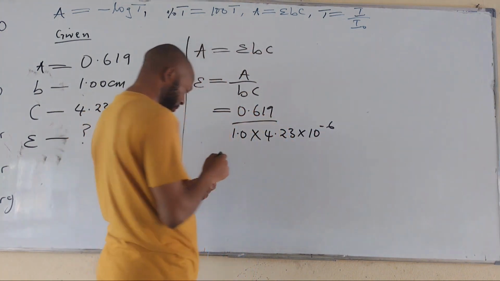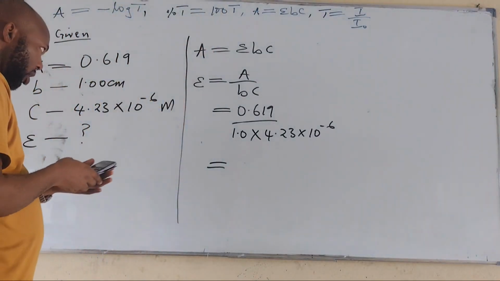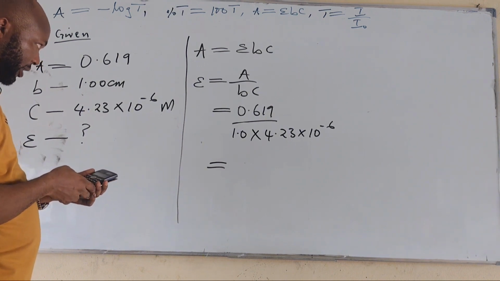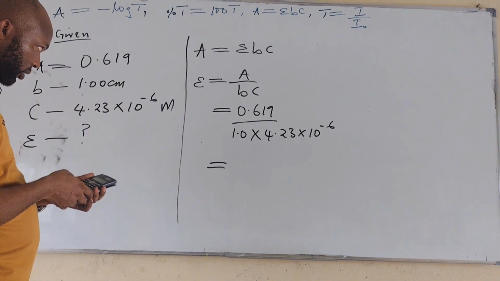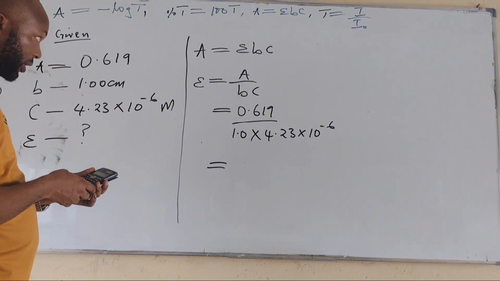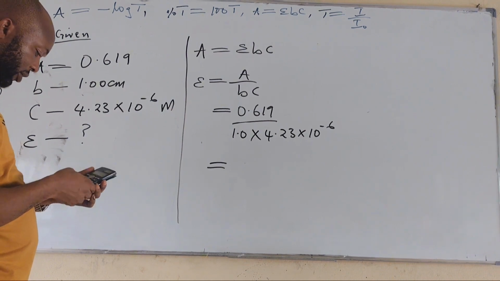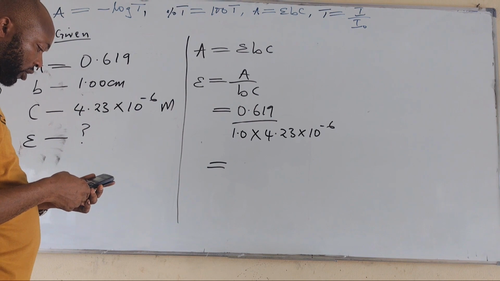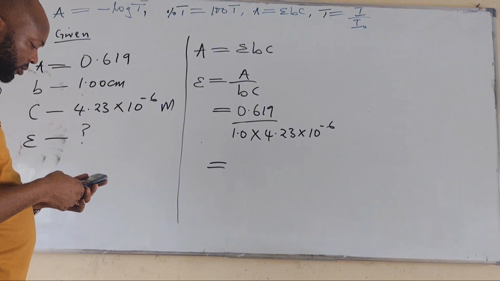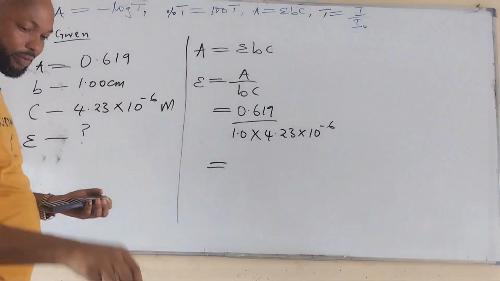And this is equal to, let's see what we got. 0.619 divided by 1 times 4.23 times 10 raised to the power of minus 6 is equal to 146,335.6. Whoa, that's big.